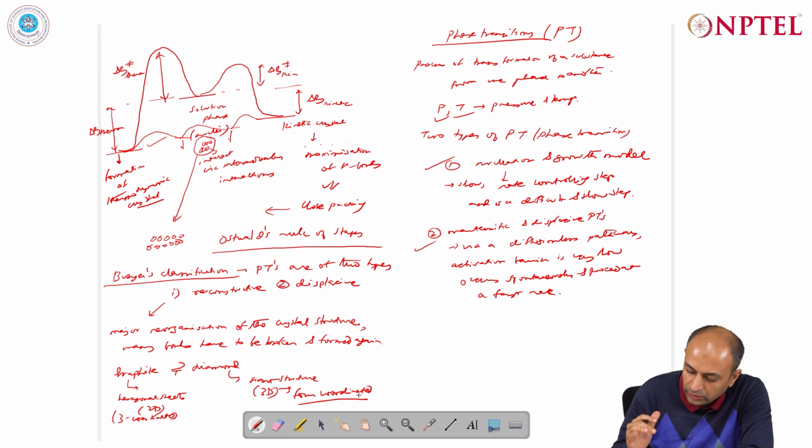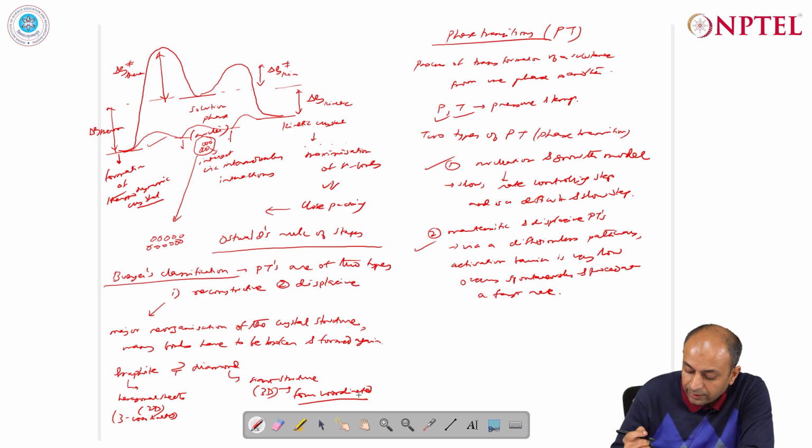For example, we know that diamond, which is formed at extremely high temperature and pressure, is actually a kinetic phase. It is kinetically stable. It is thermodynamically metastable, but the process of conversion of diamond to graphite does not take place so easily because of the large barrier involved.